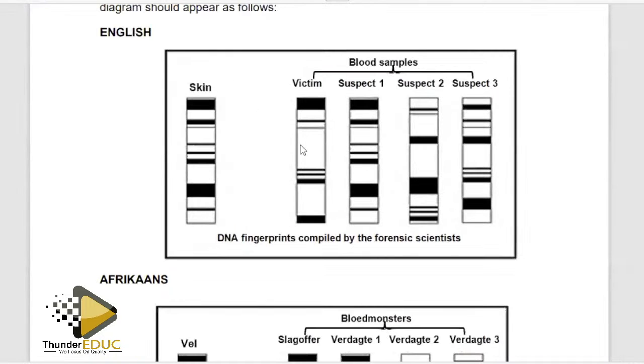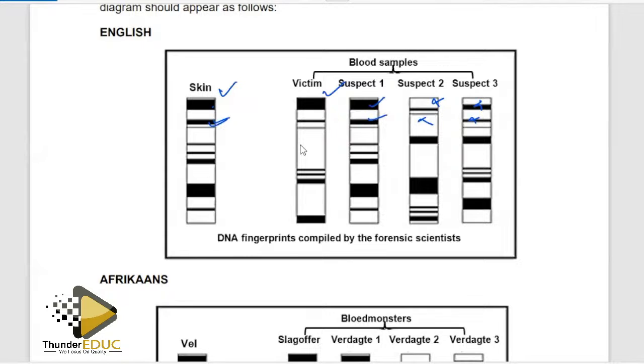All right, we come back here and look at this. This is the skin, and this is the victim. So anything which resembles the victim is ruled out. So you have to compare skin and the suspect samples. So this goes with this, nothing here, nothing here. This goes with this, nothing here, nothing here.